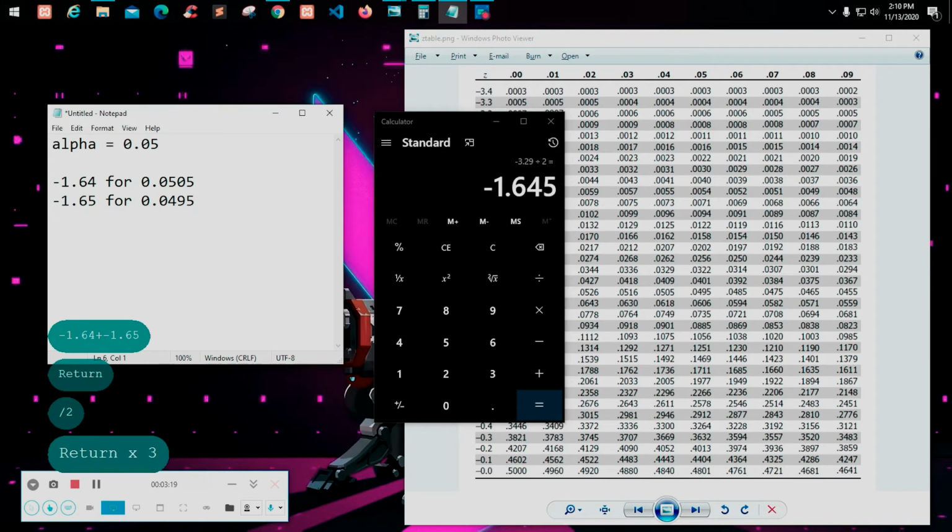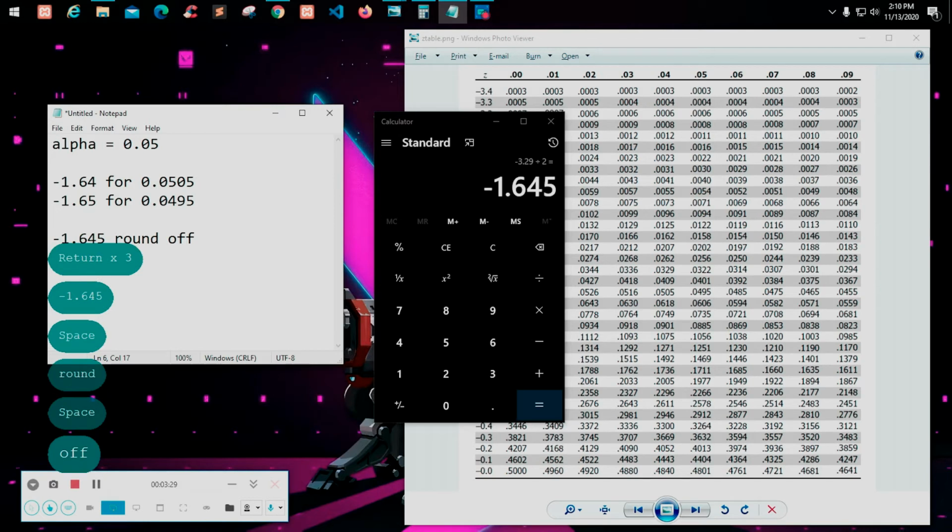So round off natin siya into 2 decimal. So we will get an answer of negative 1.65. So ito yung magiging final answer natin for the critical value with alpha 0.05.